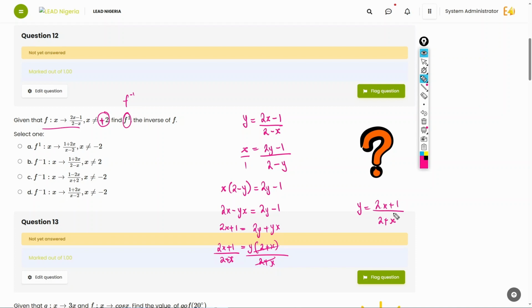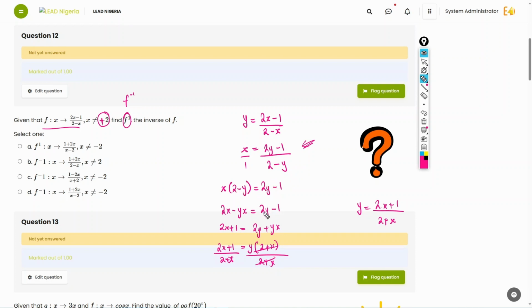Let me just check my math again. Then I switched x and y properly, I guess. X is here, 2y minus 1 over 2 minus y. Yes. Then I cross multiplied, so x by that and that.